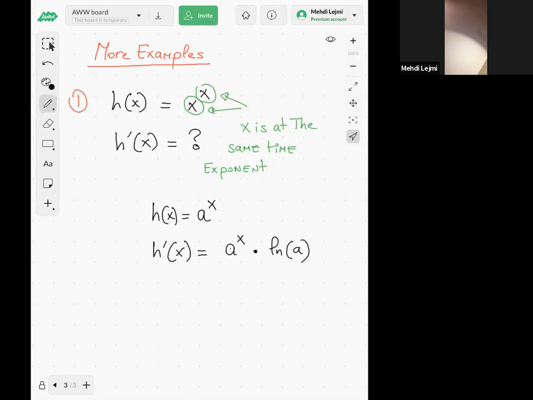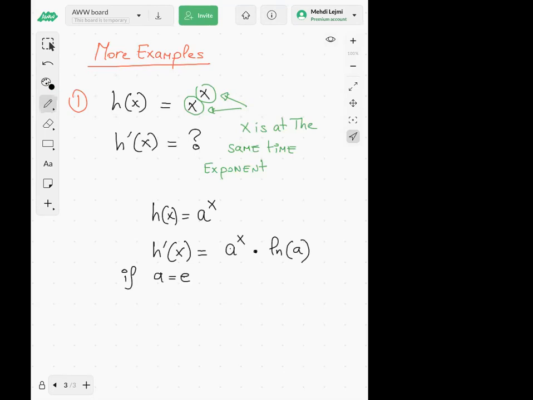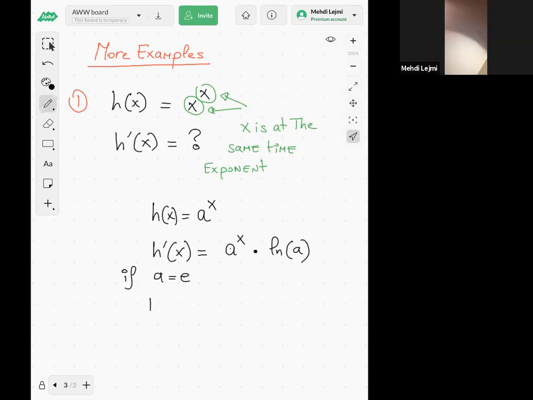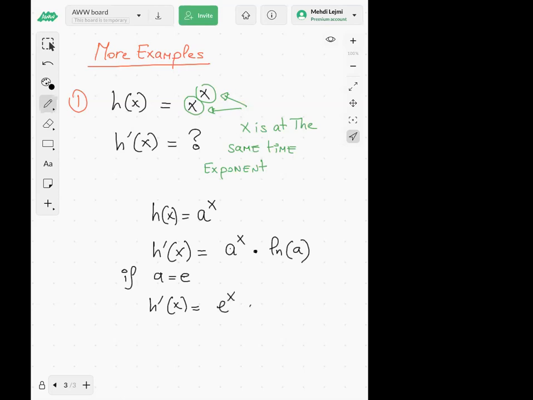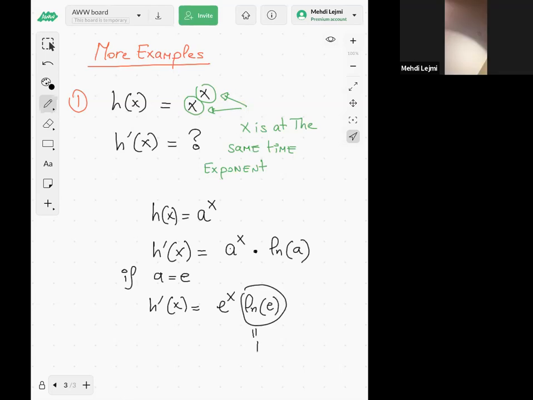But if a is the number e, then h prime of x is e to the x times natural log of e, but natural log of e is equal to 1. So h prime of x is just e to the x.